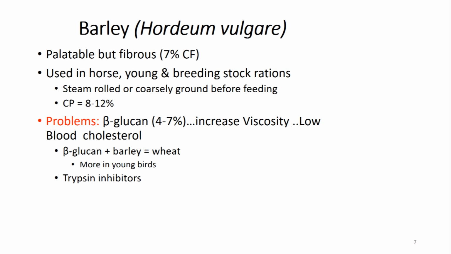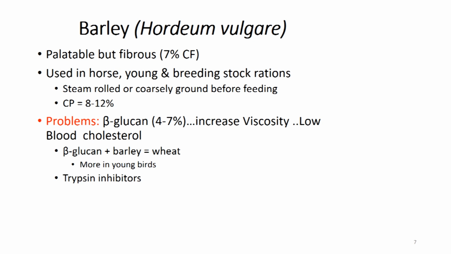It can be used in horse feeding, young and breeding stock rations. Due to the presence of its hull, it increases the bulk of the ration. So we can use such a feedstuff when we want to restrict the energy intake without affecting the overall total consumption of the diet.